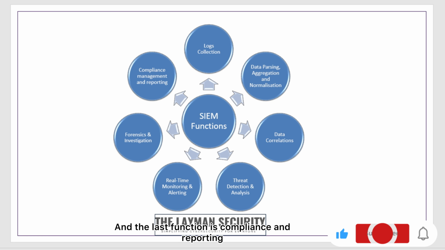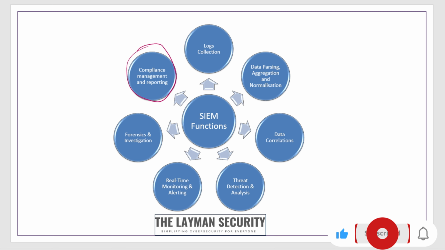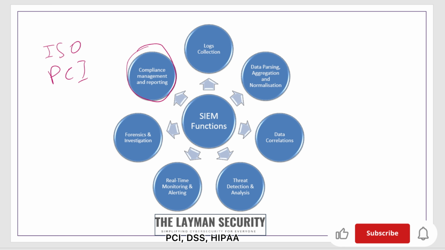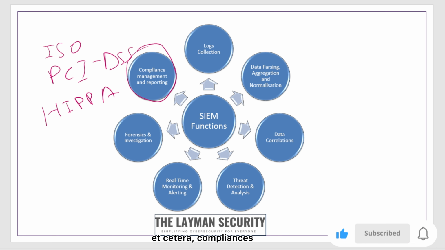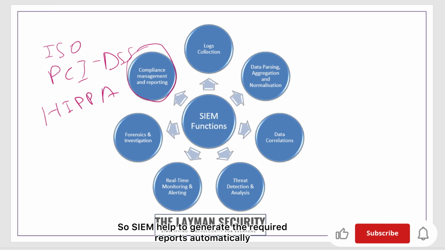And the last function is compliance and reporting. Many companies need to follow legal and security rules like ISO, PCI DSS, HIPAA, etc. SIEM helps to generate the required reports automatically.